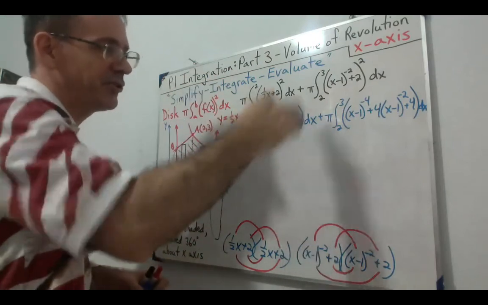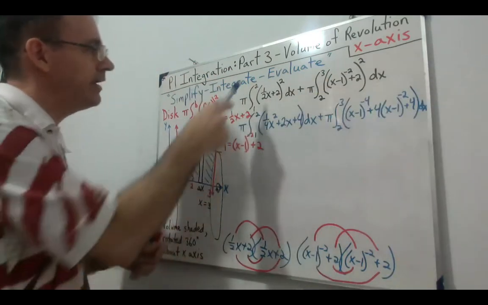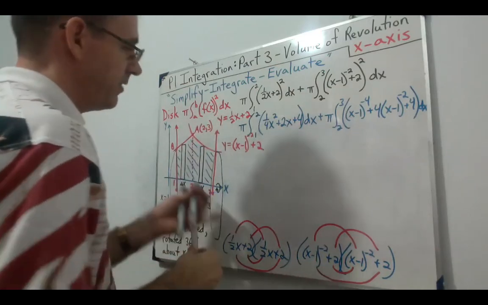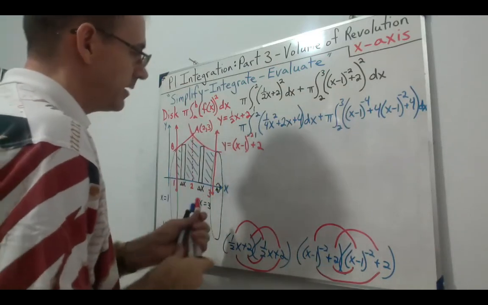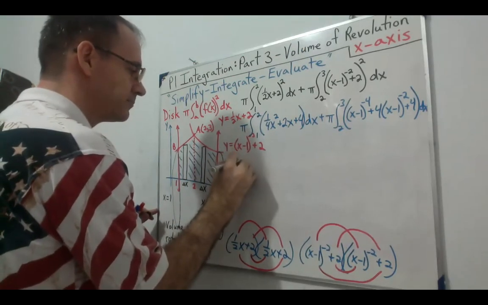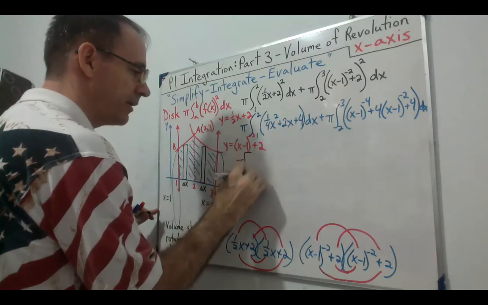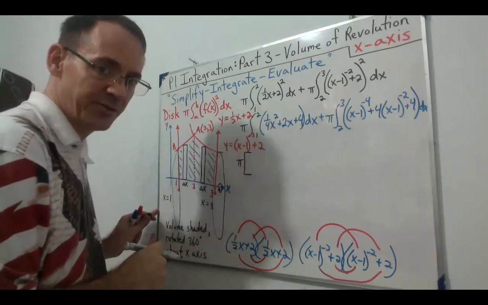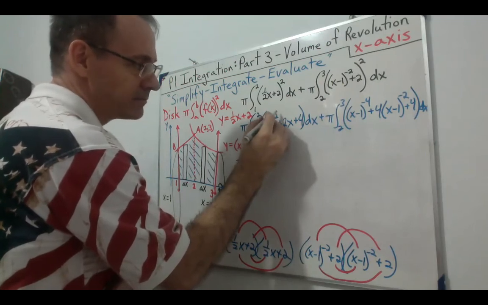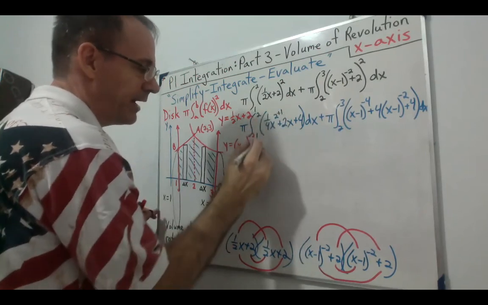Now that we have it term by term, now we can move to integrate. Okay, so now that we integrate, what we're going to get is pi. Now we're integrating, so I'm getting rid of the integral sign. So we add 1 and we divide by that number.